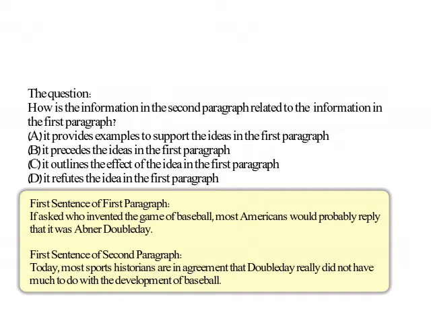Historians generally agree that Doubleday didn't invent baseball. So the second paragraph contradicts the information in the first paragraph. And then the answer is D. It refutes the idea in the first paragraph.